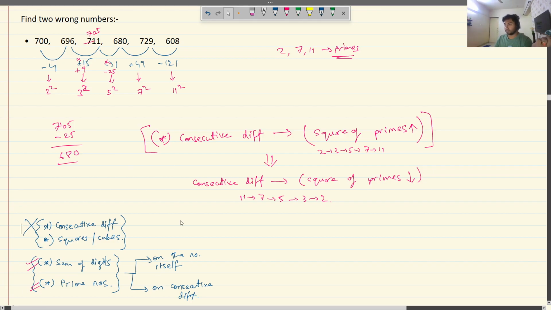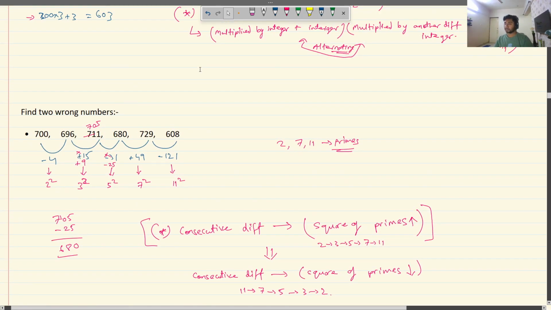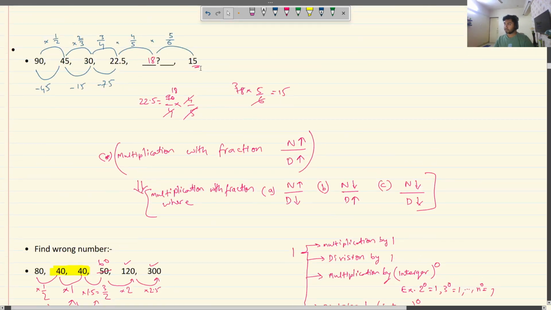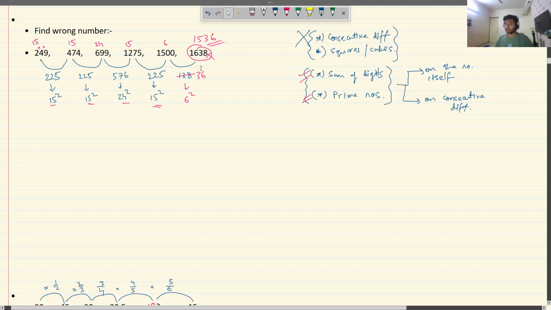So I started thinking in terms of prime numbers and it matched the pattern. And one thing you notice is that in both series, the numbers are big but close to each other, not very far away.